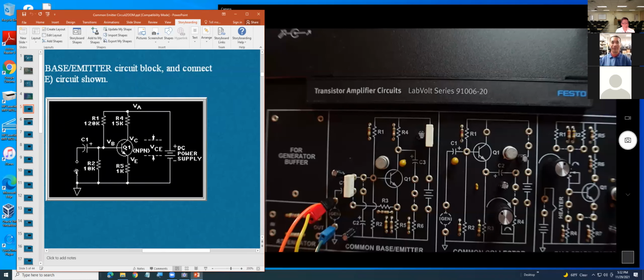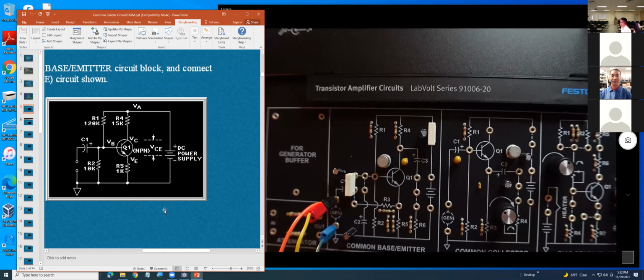I'm not talking about the generator right now, but about building the circuitry. What is missing? I think the bypass capacitor. No, we don't have a bypass capacitor.